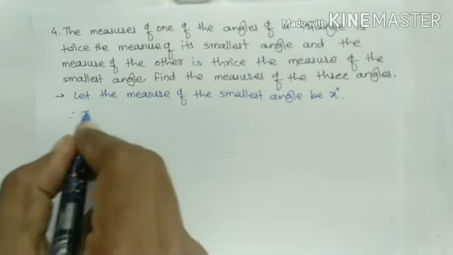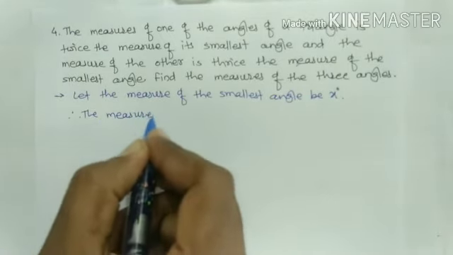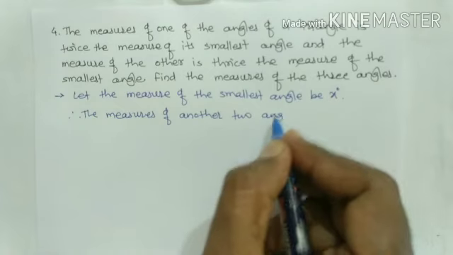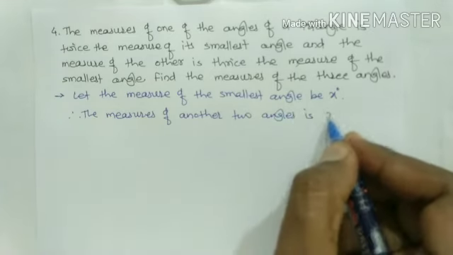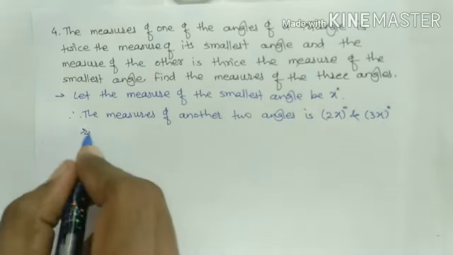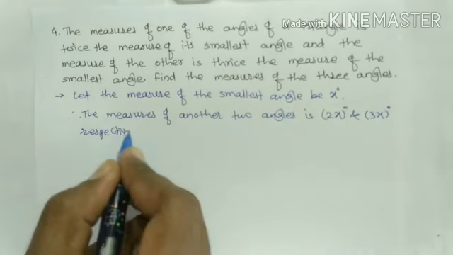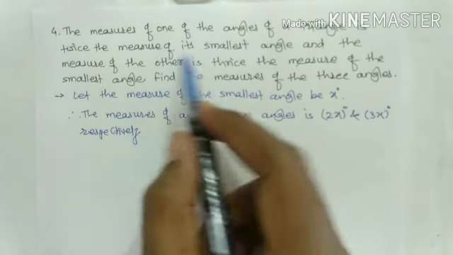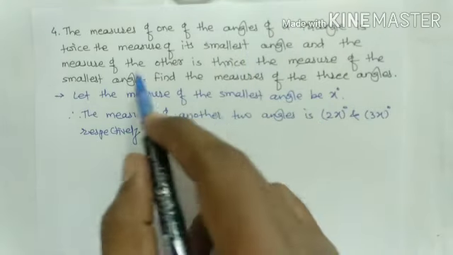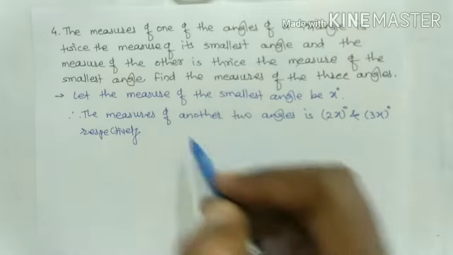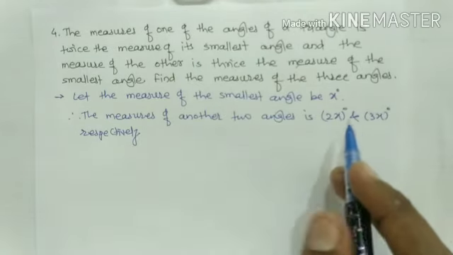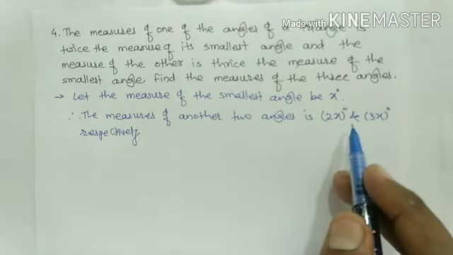Therefore the measures of the other two angles are 2x degrees and 3x degrees respectively, because here it is given that the measure of one of the angles of the triangle is twice the measure of its smallest and the measure of the other is thrice the measure of the smallest. So if the measure of the smallest angle is x degrees, then the measures of the other two angles are 2x degrees and 3x degrees.